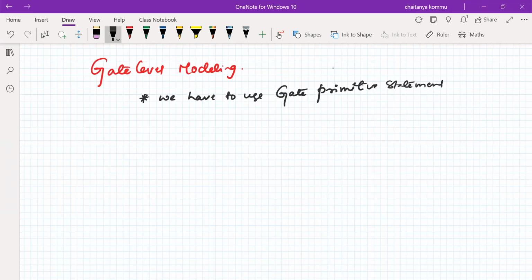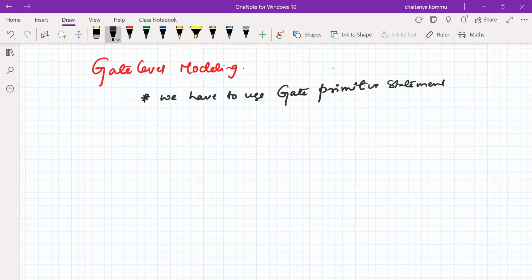A primitive statement means its definition of functionality is known to the compiler or synthesizer. There is no need to worry about the functionality of the gate level circuit. The synthesis tool or simulation tool will understand its behavior, so it can simulate according to our functionality. So whenever you are writing in gate level modeling, gate primitive statements are necessary.